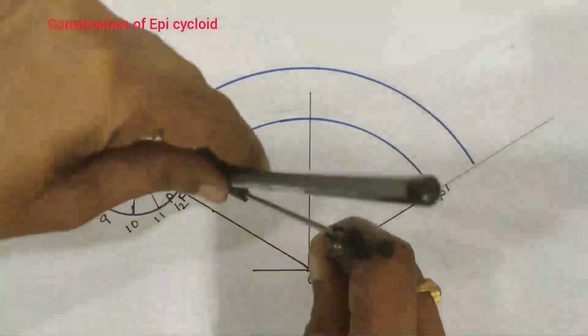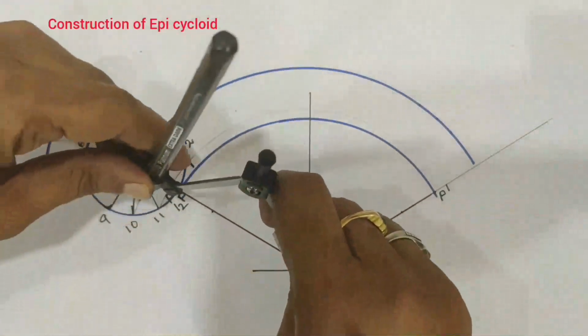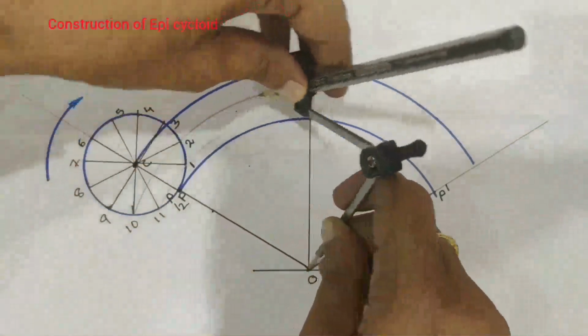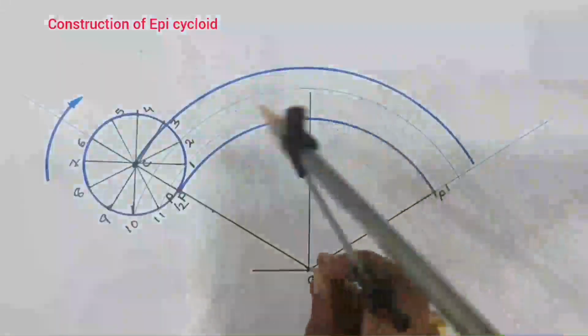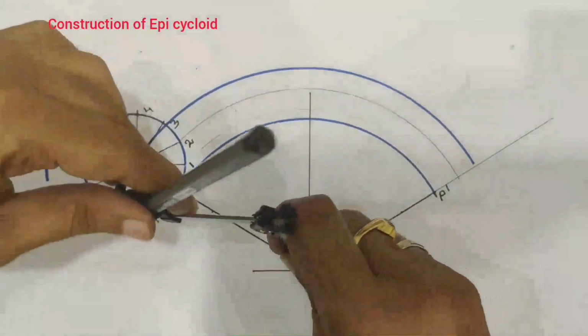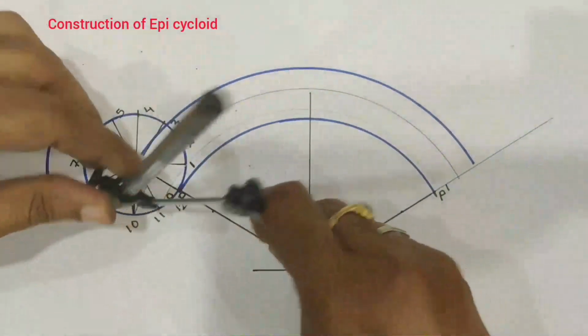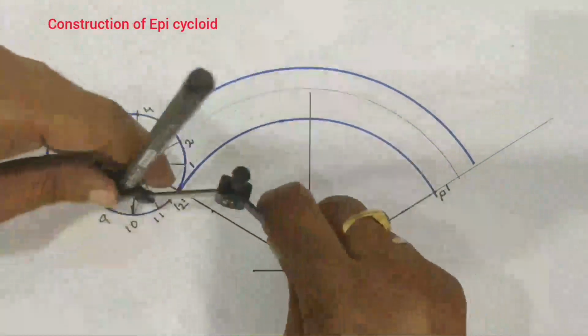With O as a center, O2 and O10 as a radius, draw an arc parallel to the directing arc. Similarly, O as a center, O9 and O3 as radius.